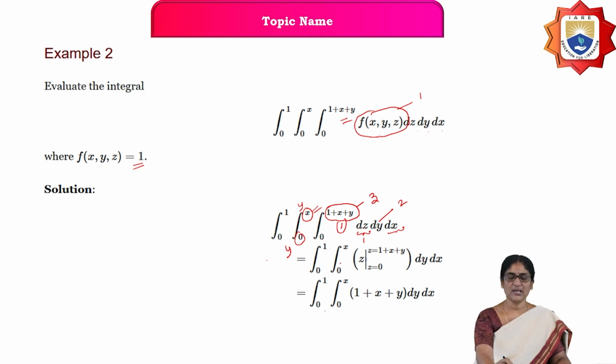So let us see, integral 0 to 1, integral 0 to x, integral of dz is nothing but z. z from 0 to 1 plus x plus y, so the upper limit is 1 plus x plus y and the lower limit is 0. So the double integral 0 to 1, 0 to x, 1 plus x plus y into dy dx.